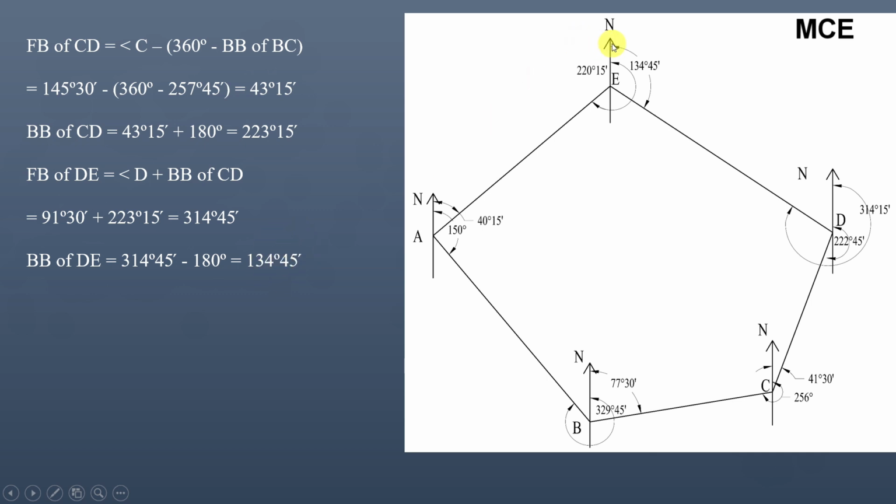You can see the observed back bearing of line DE is 134 degrees 45 minutes, because station E and station A are not affected by local attraction, so bearings taken at these two stations are correct. Therefore the bearing of line EA is correct, that is 220 degrees 15 minutes, and the back bearing of line EA is also correct, given in the question as 40 degrees 15 minutes.